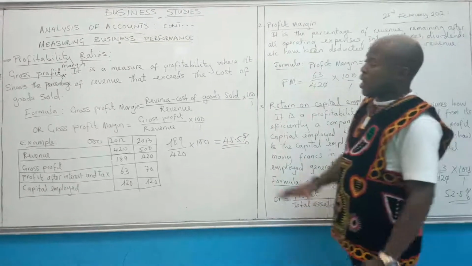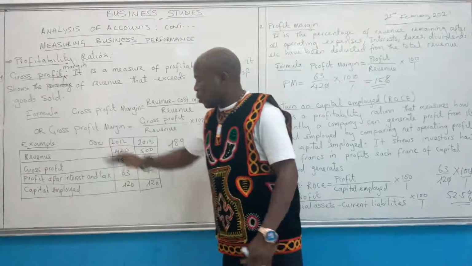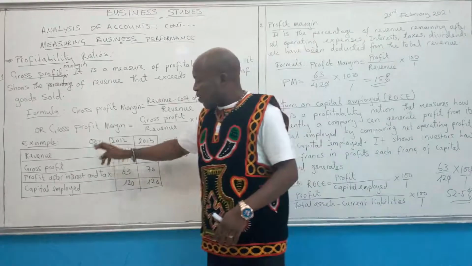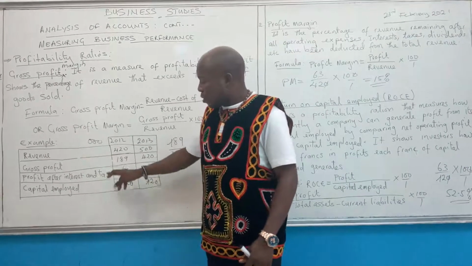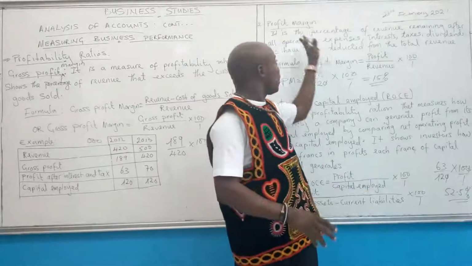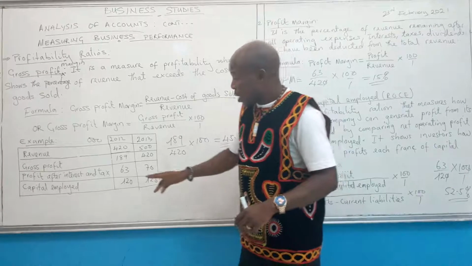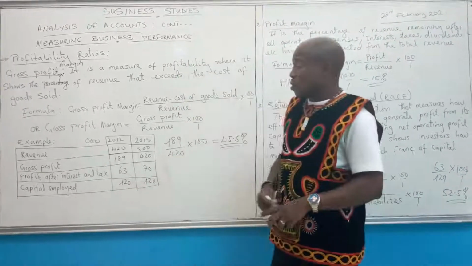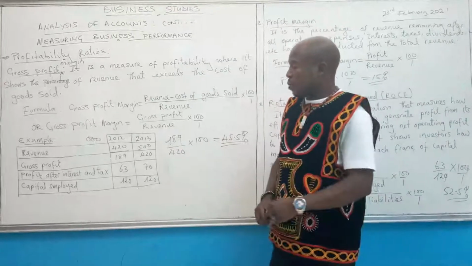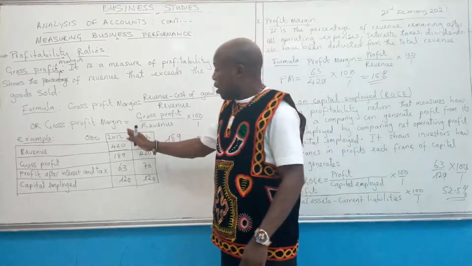Okay, for example, let's take this table that I put on the board. We have revenue, gross profit, profit after interest and tax, or in other words, the net profit, and capital employed for 2012 and 2013.